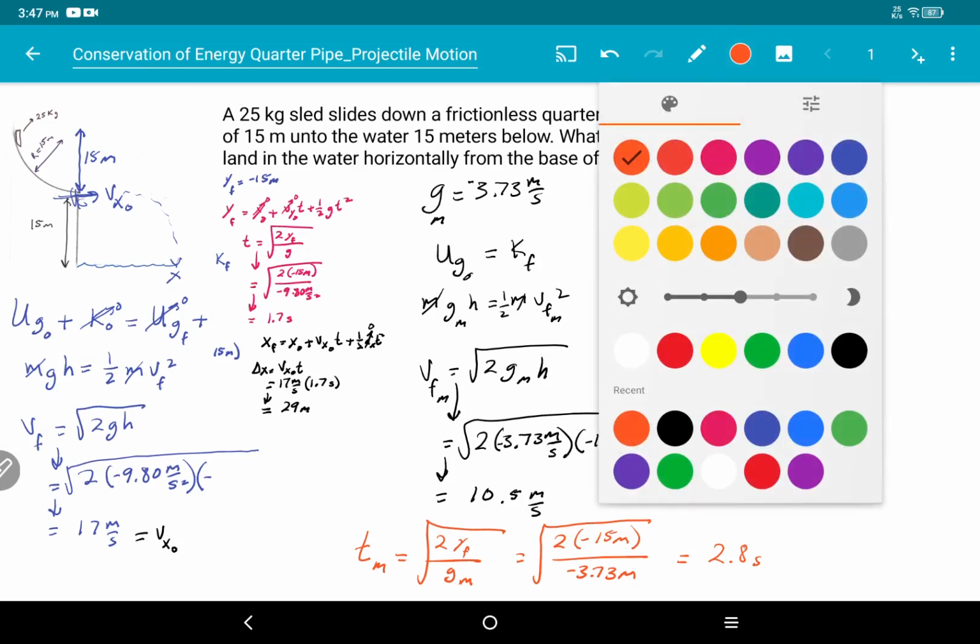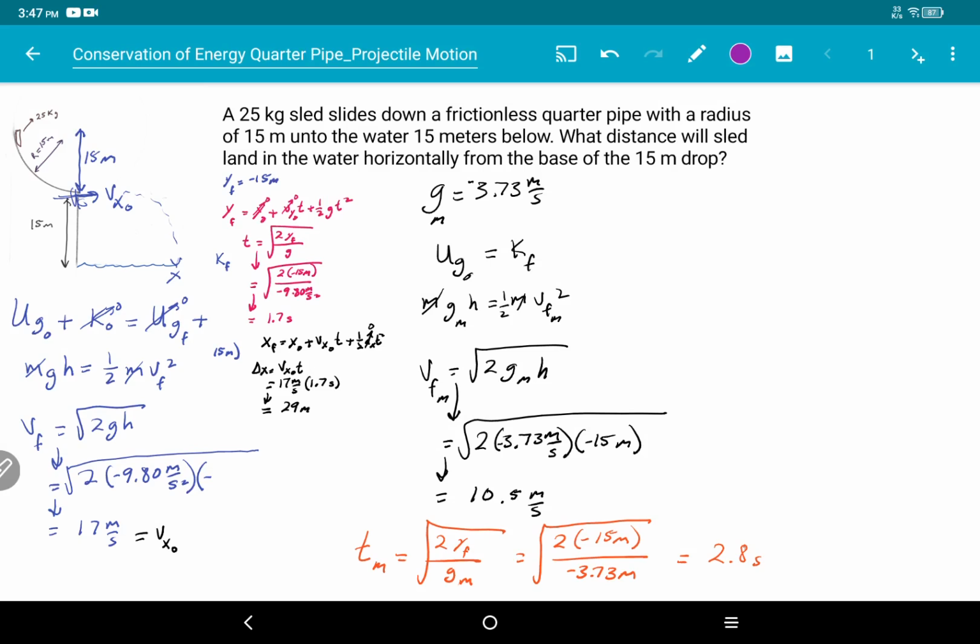Let's do this in purple. Okay, so I'm going to take all of this and put it up here. Delta x, all right. We're going to take our Vx initial Mars times T Mars.